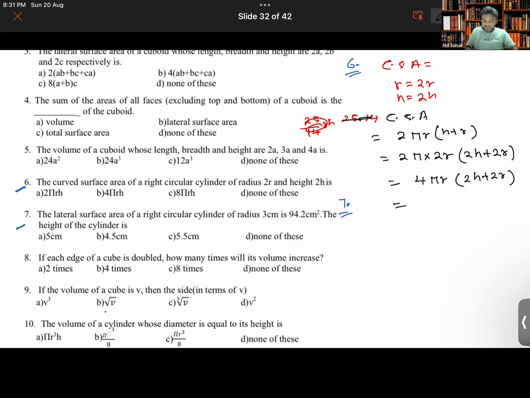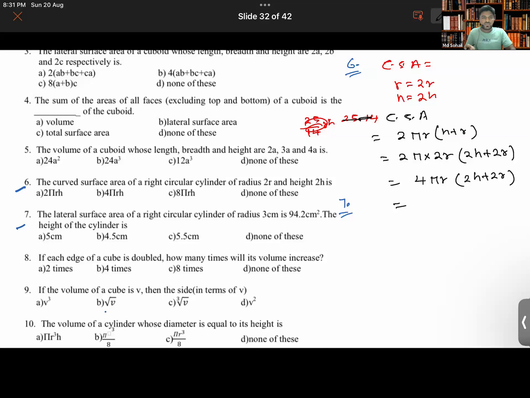The cylinder's curved surface area is 2 pi RH, right? The total surface area is 2 pi r plus h. The lateral, the curved surface area, the 2 pi rh you're saying.